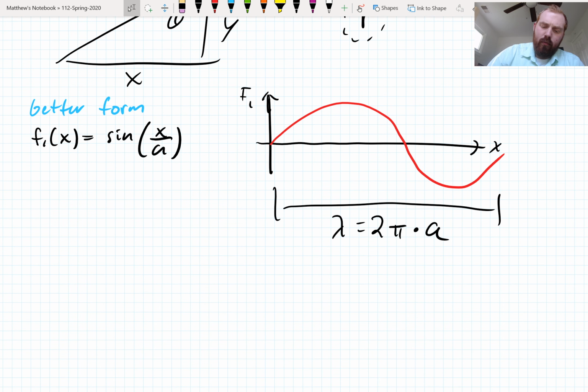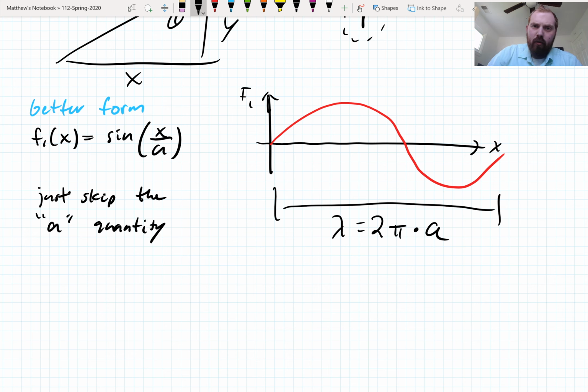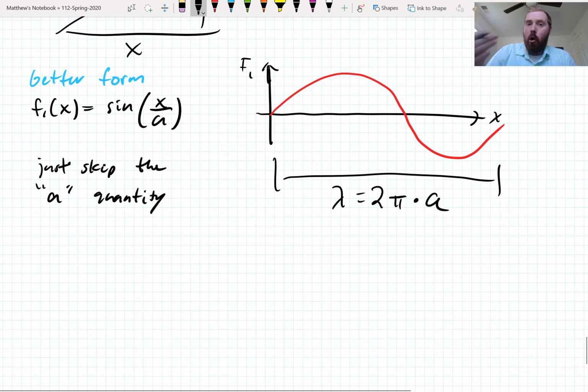So why introduce a? Let's just skip it and express this in terms of its wavelength.